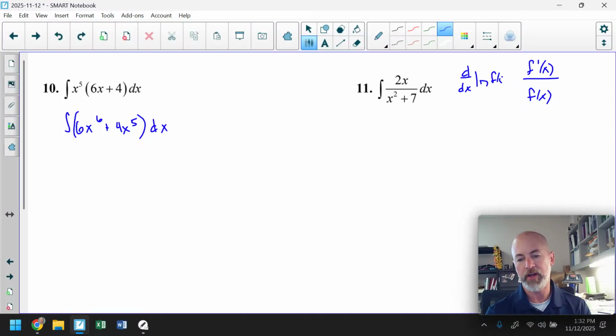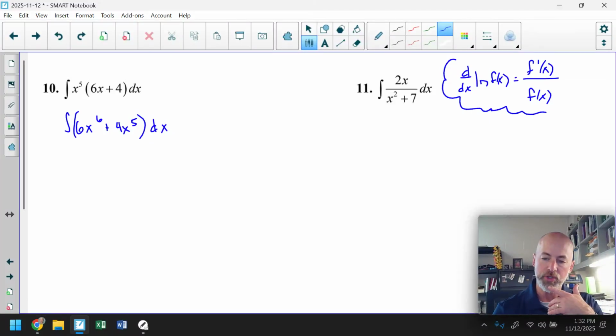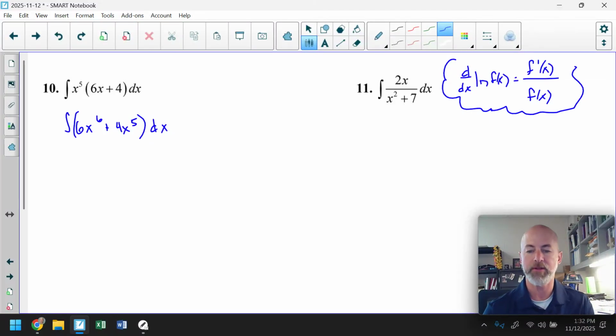So the derivative of the natural log of f of x is f prime over f, and that's just something you should know from chain rule and from logarithmic derivatives. And so when I see a fraction, if I see that the top is the derivative of the bottom, that tells me this is the end result, this is the derivative of a natural log function. And so for this one, there is no process, it's recognition.